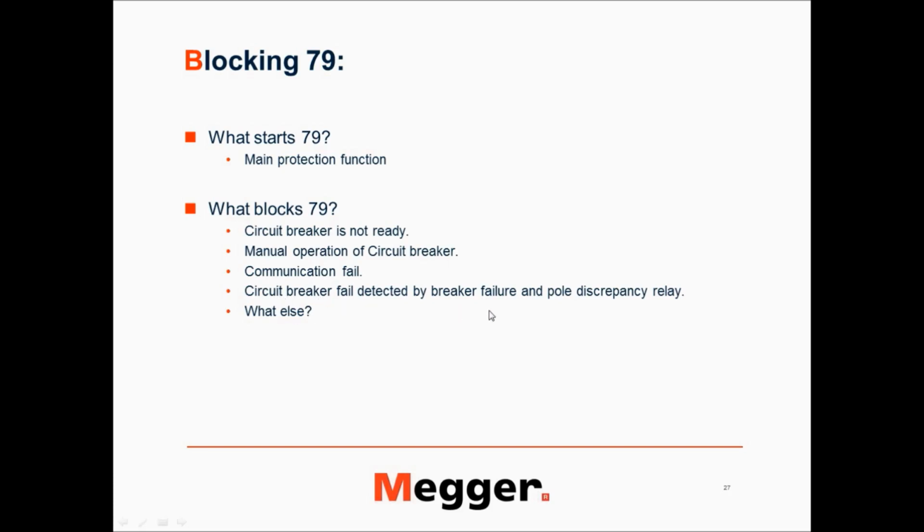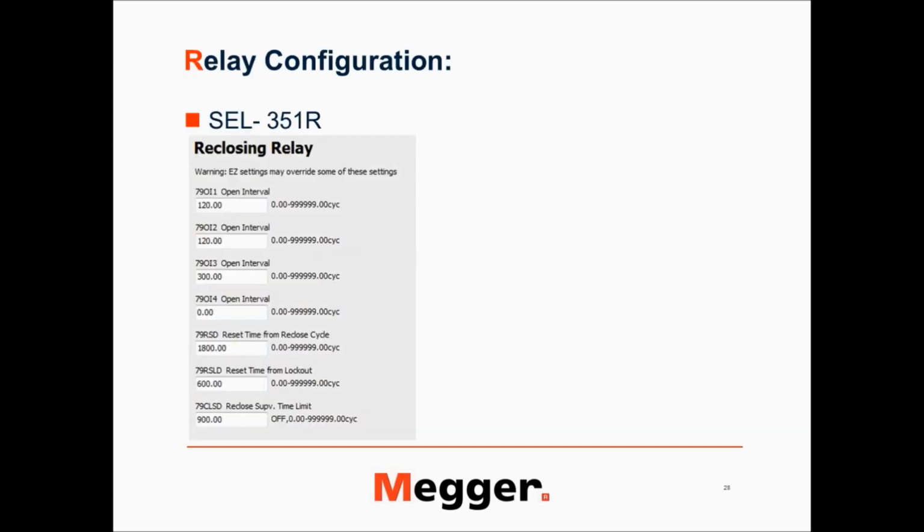So that could also cause blocking of your 79 function. Usually I ask you guys what might be other things that are blocking the 79 function. But in this case, I cannot ask you a question directly. So this could be an interlock. If there is an interlock in your system, that could also block your 79 function.